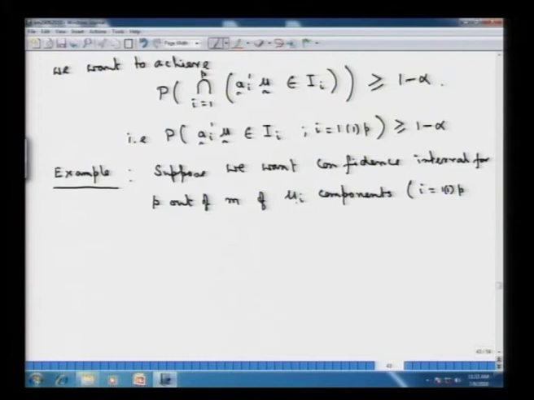So, these are mu i components. We had this, the mean vector mu was our mu 1, mu 2, up to mu m. So, we are looking at the first p components.